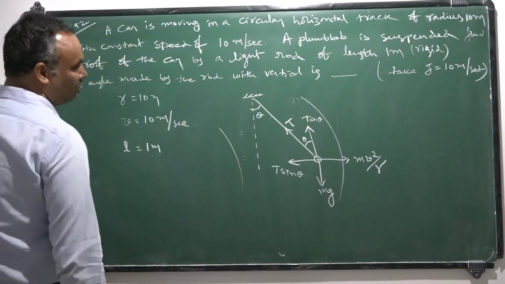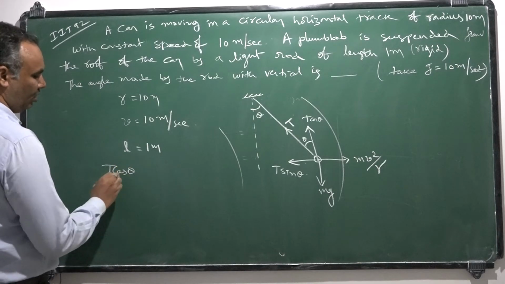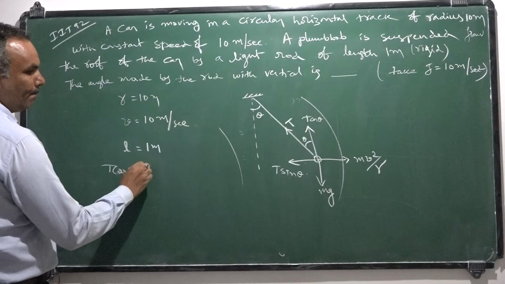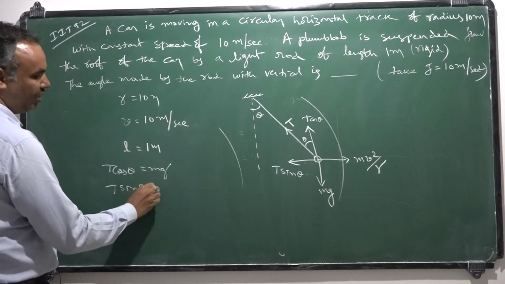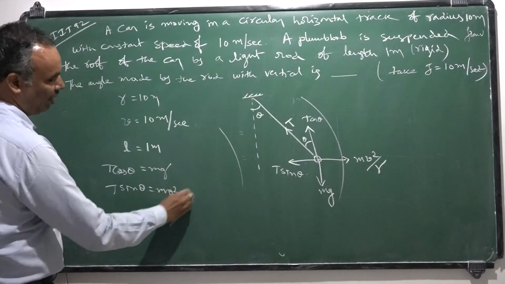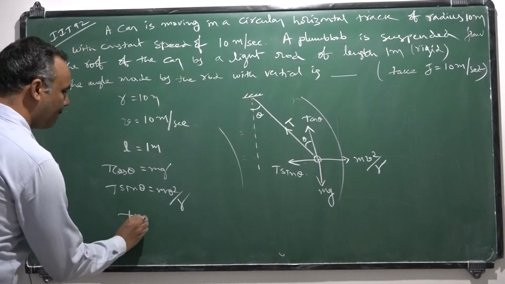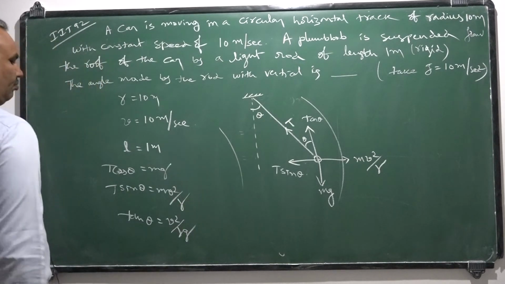For equilibrium position of the rod, T cos theta must be equal to mg, and T sin theta must be equal to mv square by r. So tan theta is equal to v square by r g.